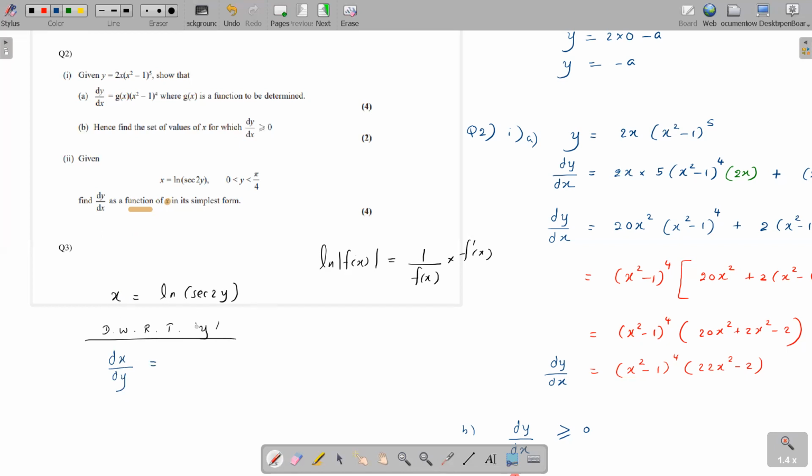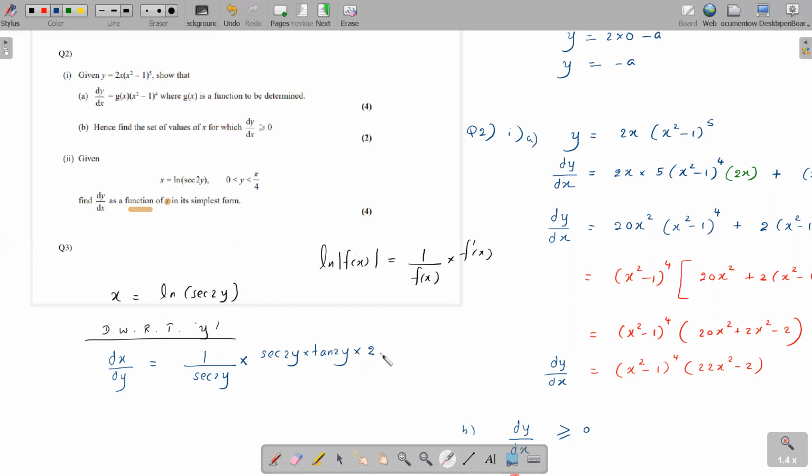So ln differentiation is 1 over sec 2y, into the differentiation of sec 2y. Sec f(x) differentiation is sec f(x) into tan f(x) into f dash x. So sec 2y into tan 2y into the differentiation of 2y, which is simply 2, because we are differentiating with respect to y.